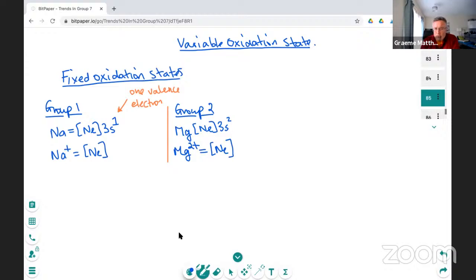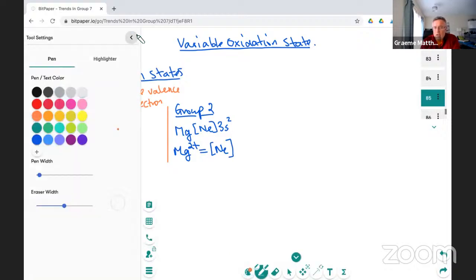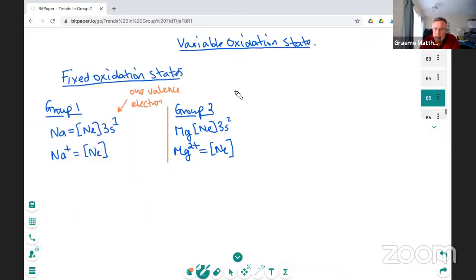Perfect sense, right? Now, you're thinking it couldn't be a negative oxidation state. We've got 2 valence electrons. It couldn't be a negative oxidation state, because that would mean, for magnesium, I would have to gain six more electrons.